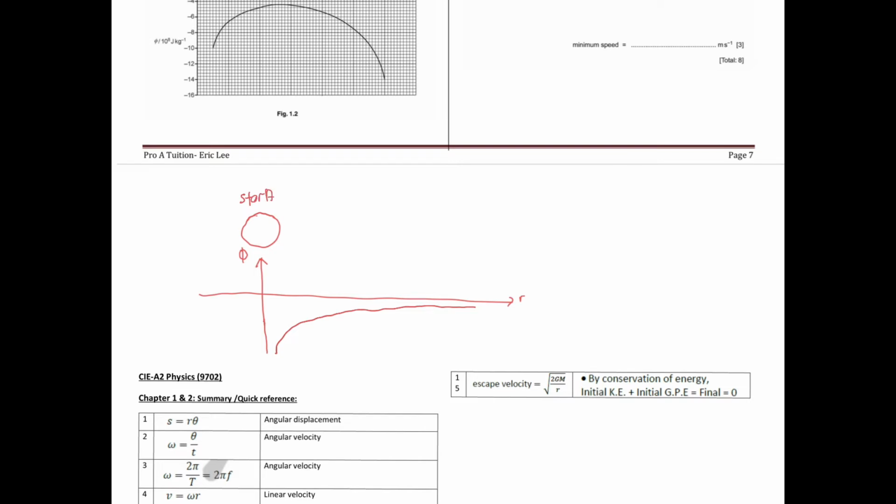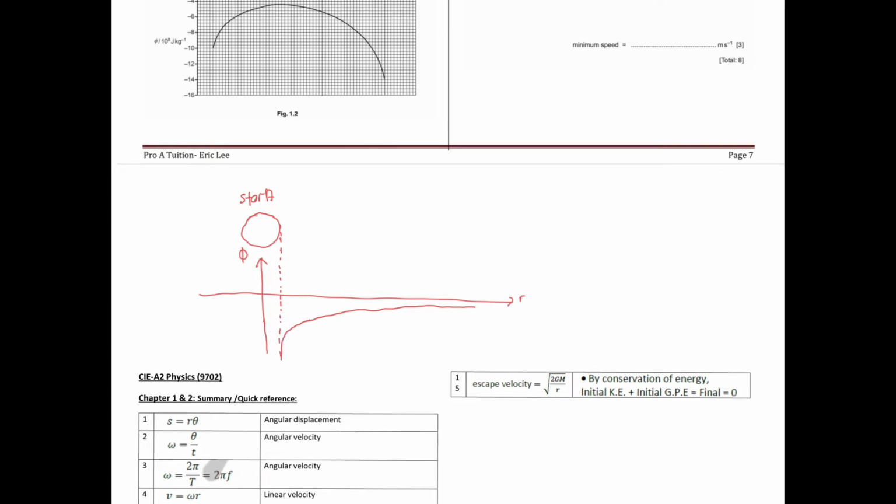I have to make it a bit more accurate, so let me add a line like this, a dotted line. Which means the graph will be like this.